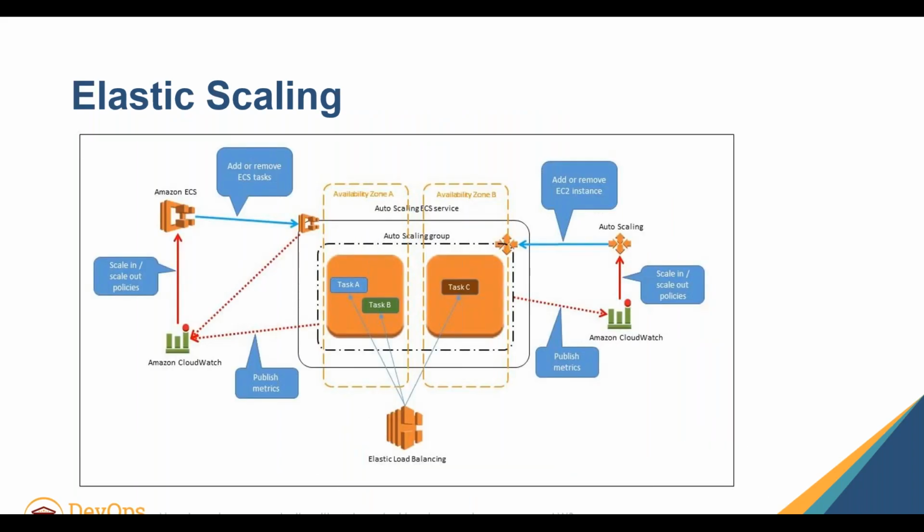Now, there are a couple other concepts in resilience engineering that help us be more resilient in the cloud and also help us recover in case of disaster. One of those is elastic scaling. Elastic scaling helps us immediately scale up due to high influx of requests to meet demand of your customer.